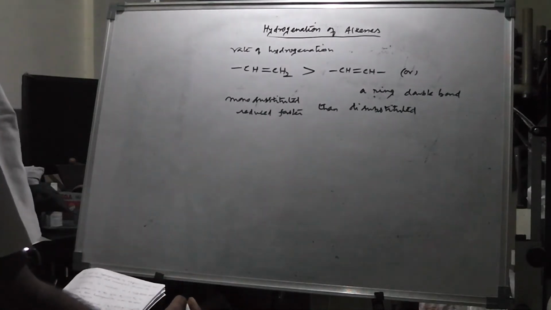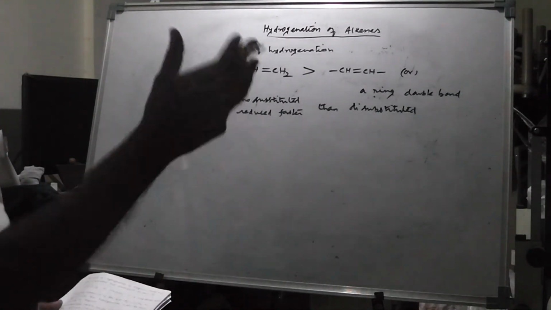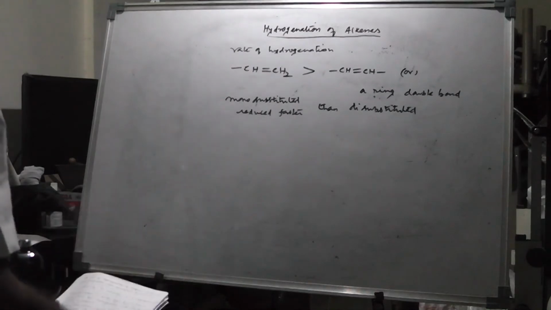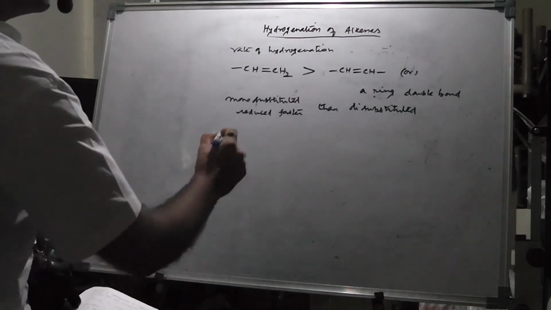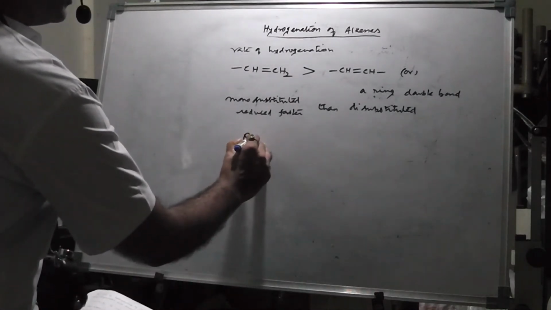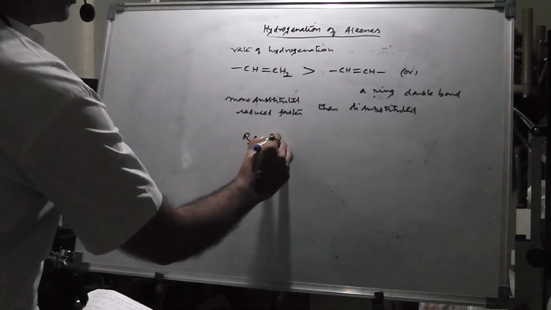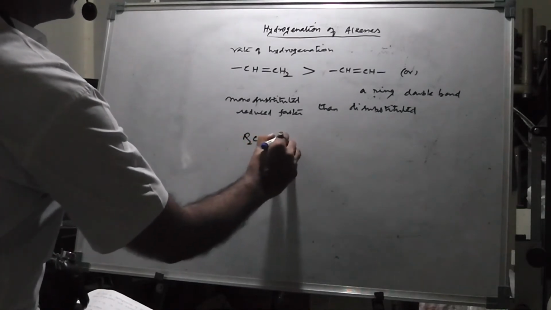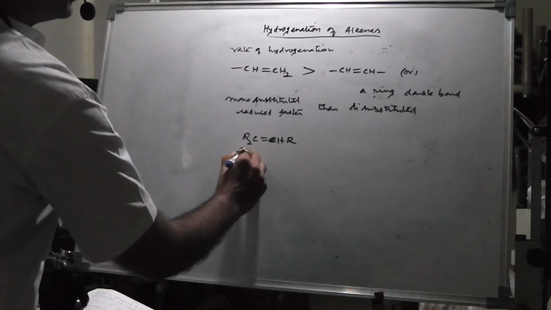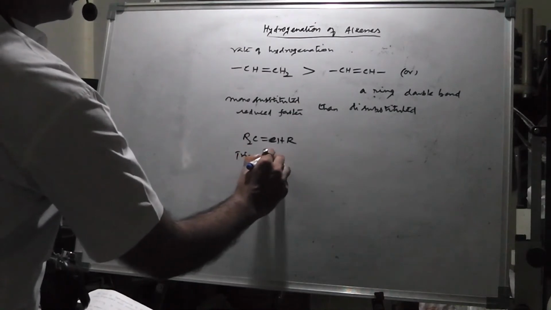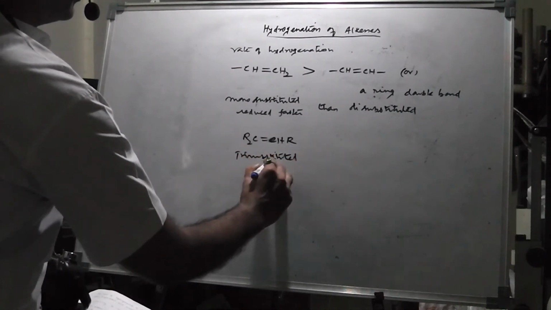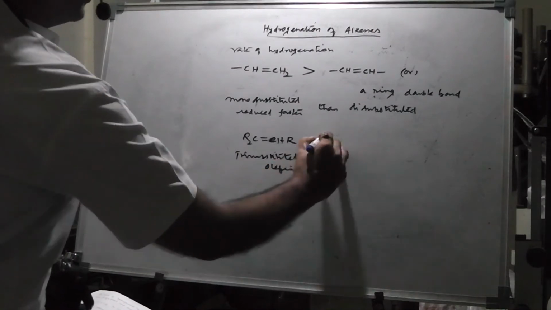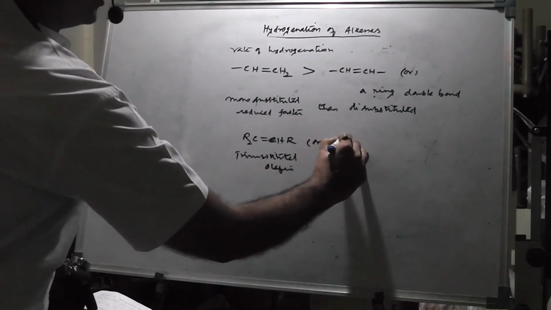Suppose there are tri-substituted and tetra-substituted olefins, for example R2C=CHR, a tri-substituted olefin, or a tetra-substituted olefin.